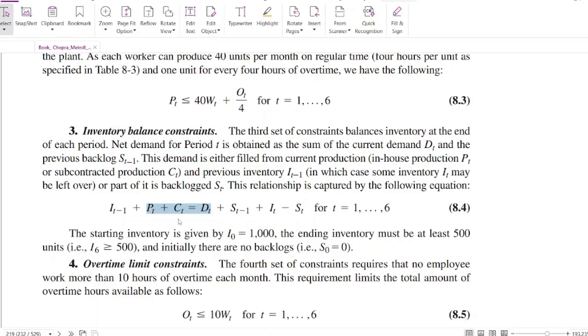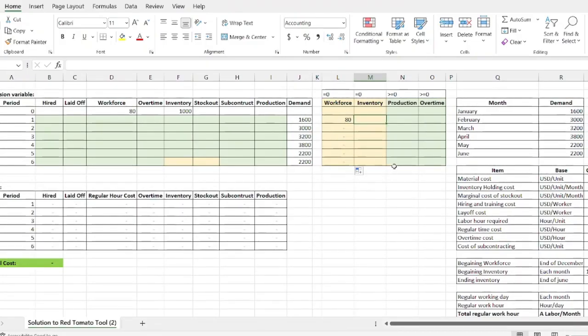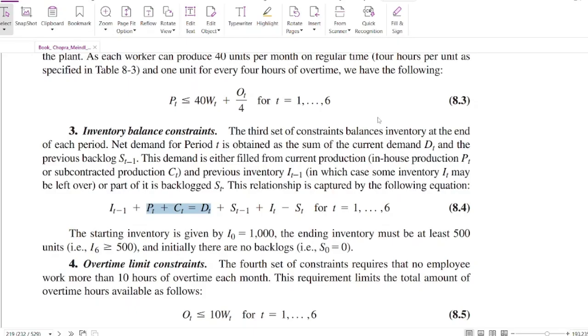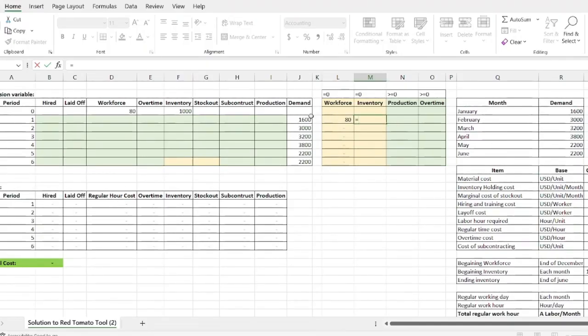So let's do this in Excel. So inventory would be what? Let's put it in the same format first. Is equal to inventory of last month. Inventory of last month is this.